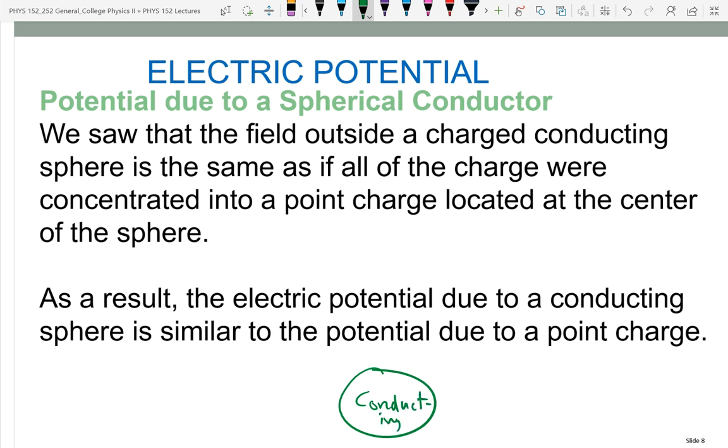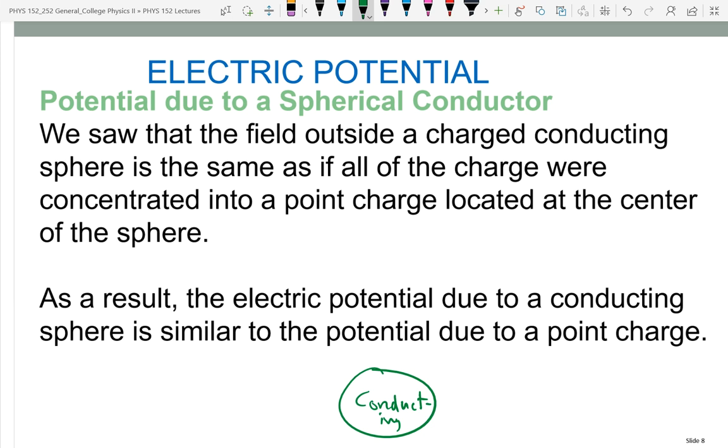Now we have 3 people in the Physics 252 class, and they have a calculus assignment that's due on Tuesday. And in that problem, they have spheres that are not conducting. They're insulating. What's the difference in a conducting sphere and an insulating sphere? The charge in an insulating sphere is what? It's stuck.